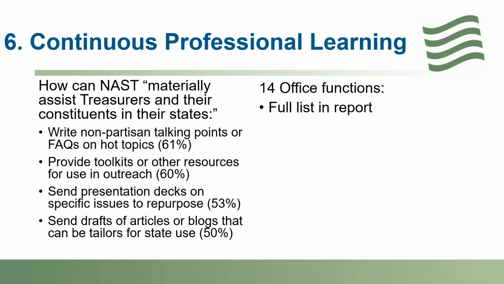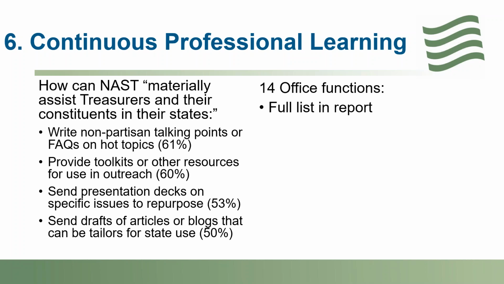The next thing, again, directly came out of the strategic plan. You asked us to ask your peers what we can provide to materially assist treasurers and their constituents in your states. That's a direct quote from our strategic plan, and we wanted to make sure that we met that task that you gave us. So what you asked us to do is to write nonpartisan talking points, or FAQs, on hot topics. You've asked us to provide toolkits or other resources to use for outreach.